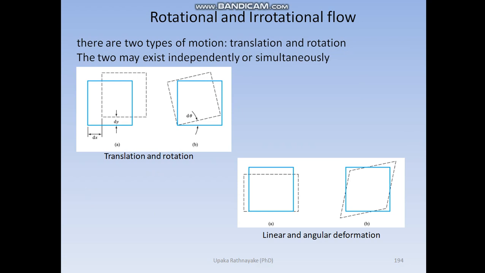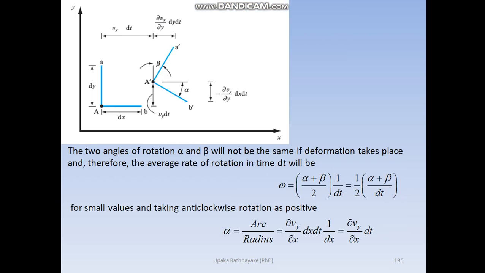Now let us look at another stage of motion, that is the deformation. The deformation also could be linear or angular, as shown in the lower figure. Now let us try to mathematically express the motion and the deformation. Refer to the diagram.